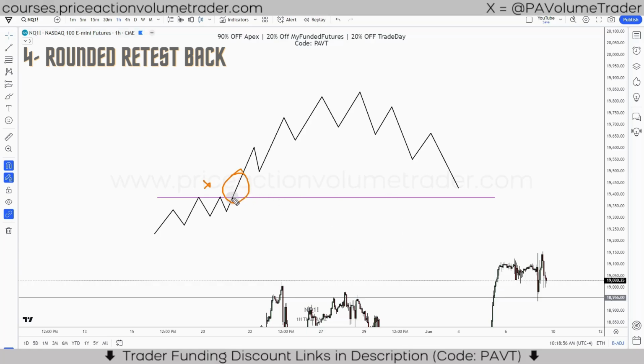If we do something like this and then come right back within a few candlesticks, then for me, I wouldn't really have conviction to try to fade this level just because of how quickly and the strength of the move back into it. But if we have a move that has some nice time in between, then this will be a more high conviction level for me to just try to leave a limit order to buy.